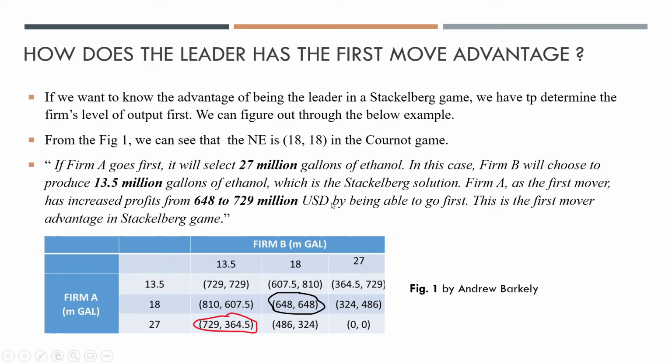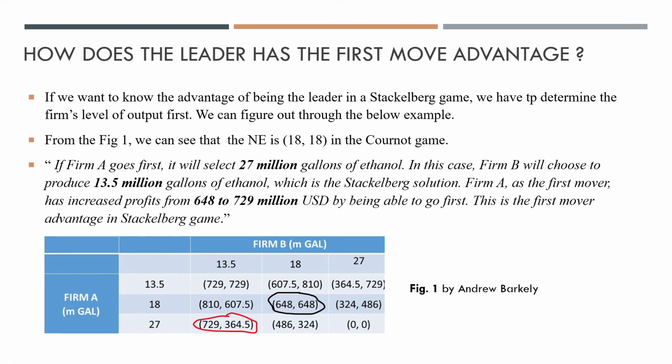However, if we switch to the Stackelberg game, the Stackelberg game result will be this one. For the first firm, which is firm A, it will choose 27, and the second mover, firm B, will choose 13.5.